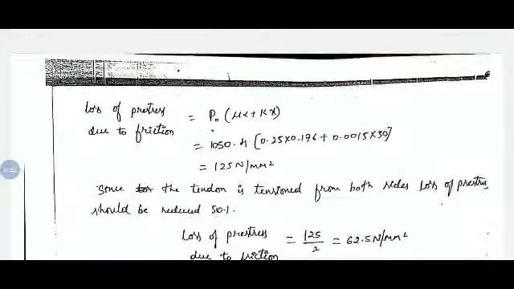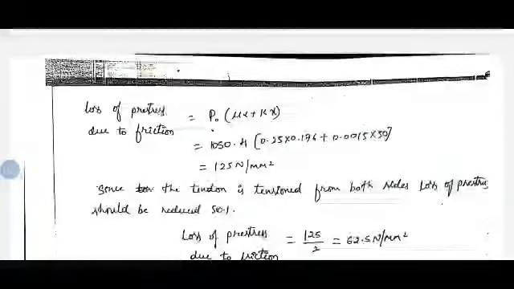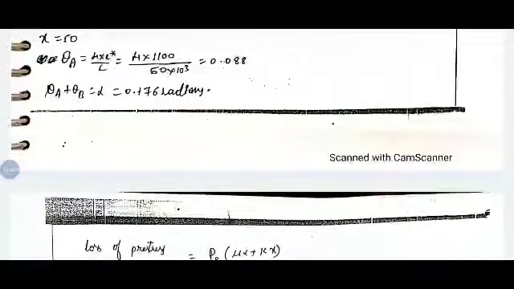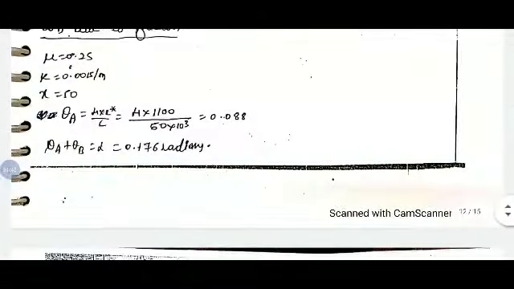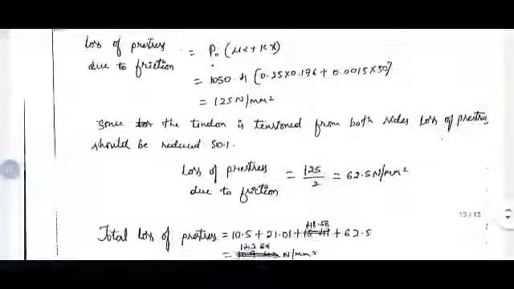One, you can take total loss by 2, or you can go with span, you can consider as 25, and alpha what you have calculated, you can take it for only 1. Sigma theta is 0.088 and theta at midspan will be considered as 0. Both ways you can do.